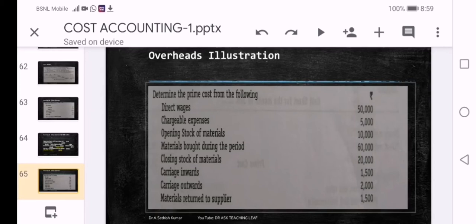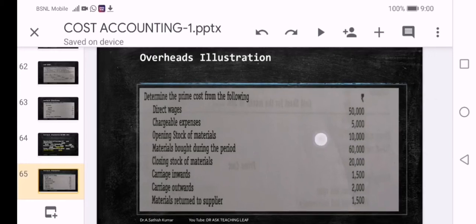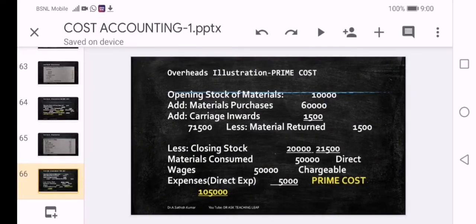Similarly, in this case also carriage outward is there, which is of no relevance while calculating the prime cost. Now carriage inward is relevant because carriage inward is transport on purchase. Transport on purchase we have to add to opening stock of material. That is, materials purchased and expenses on purchase we have to add in the initial stage. Now let us discuss this problem.